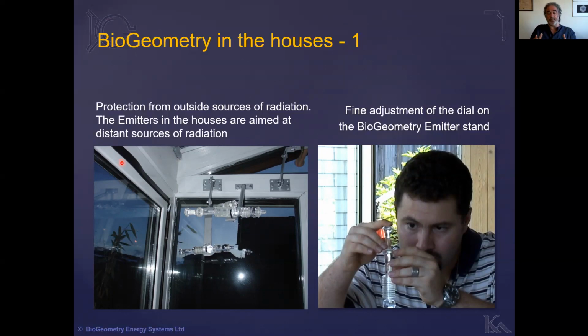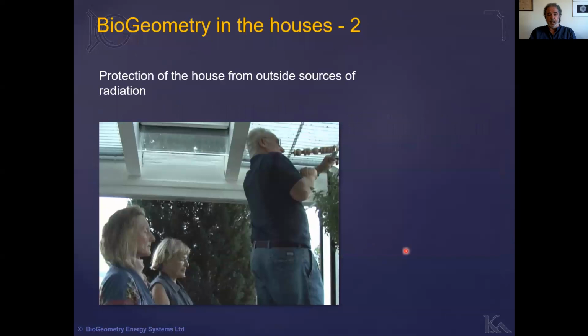So sometimes to treat one particular source of interference, in this case, which was the antenna, it wasn't enough. You would have to treat also other incoming radiation in order to give the body a rest, so to speak, so that it can regenerate and not be affected, bombarded by so many sources. And this is what was done here. These emitters are pointed at distant sources, which you will be seeing in a moment.